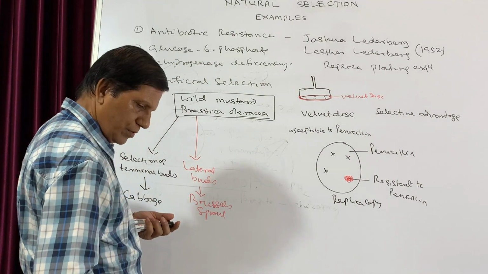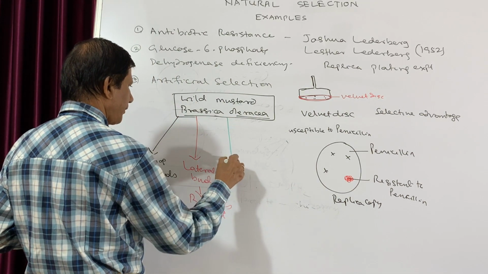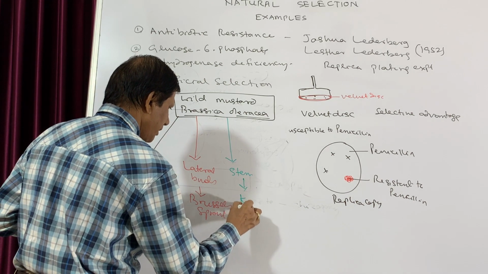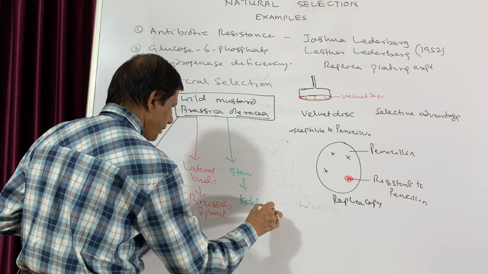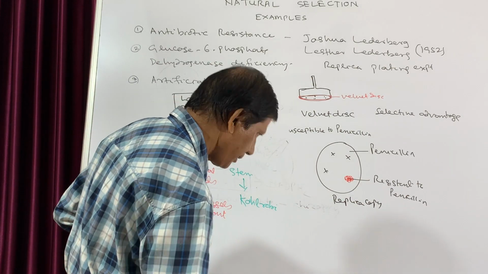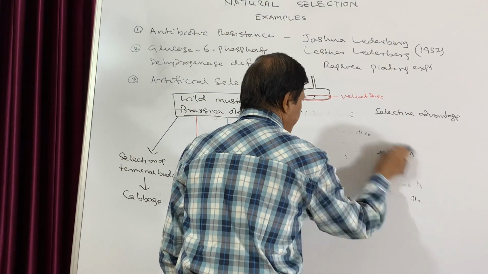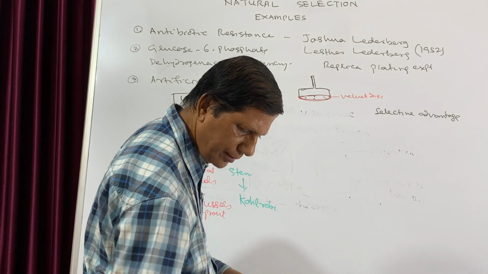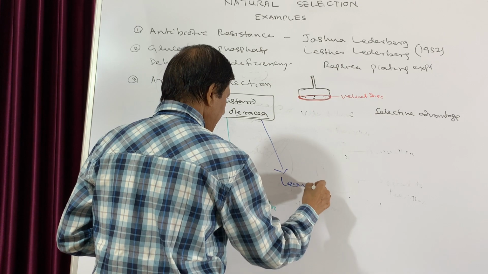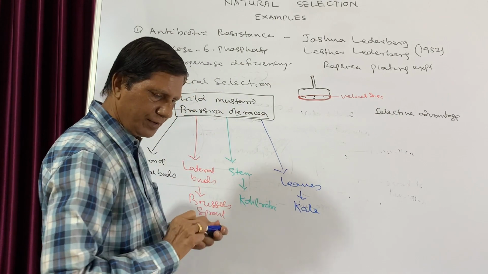When the stem is selected, we get kohlrabi, and when the leaves are selected, then kale is obtained.